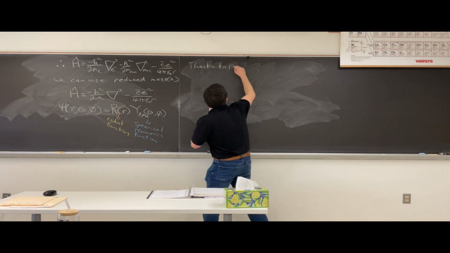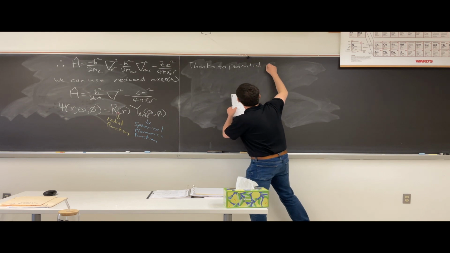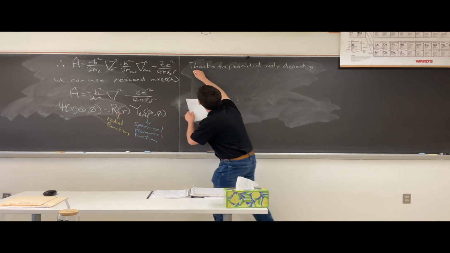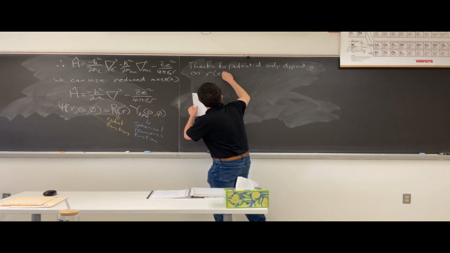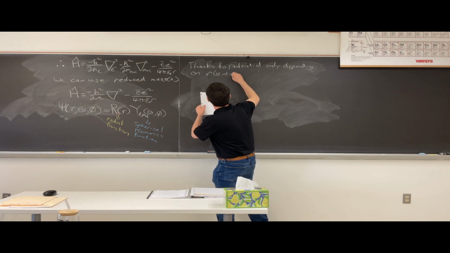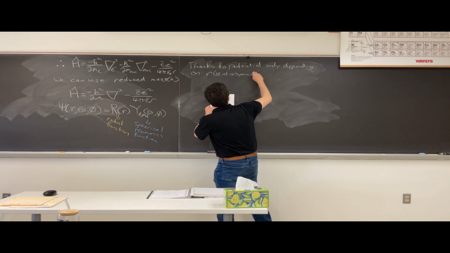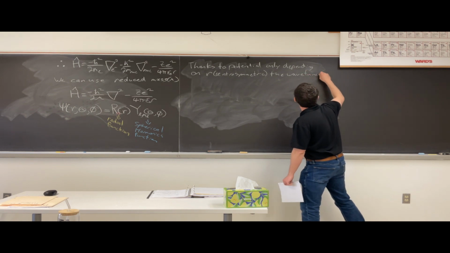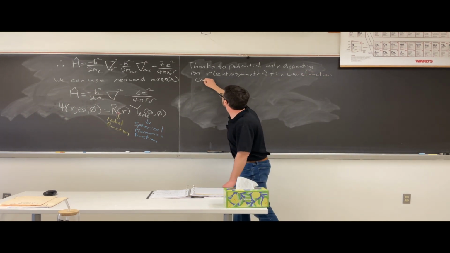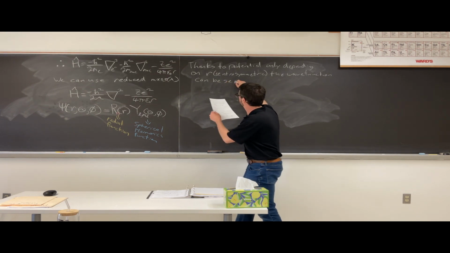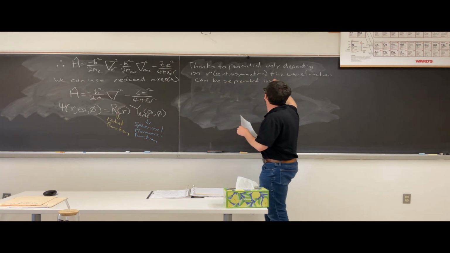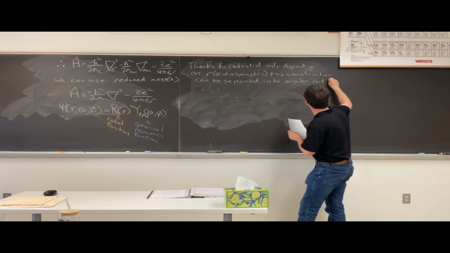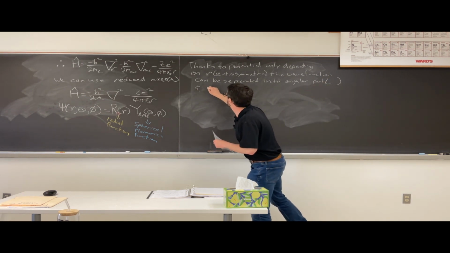Thanks to the potential only depending on r, and it being what's termed as centrosymmetric, the wave function can be separated into an angular part and a radial part.